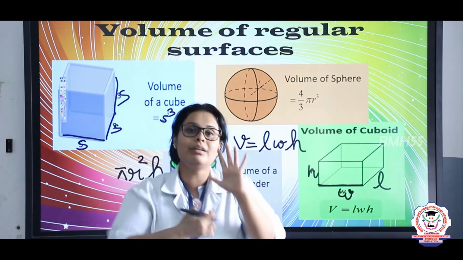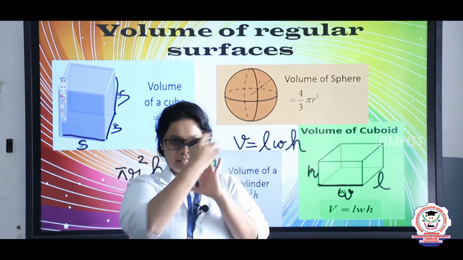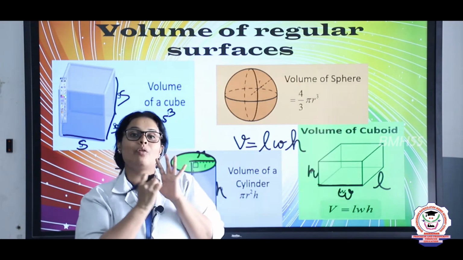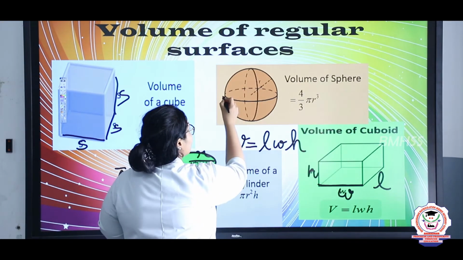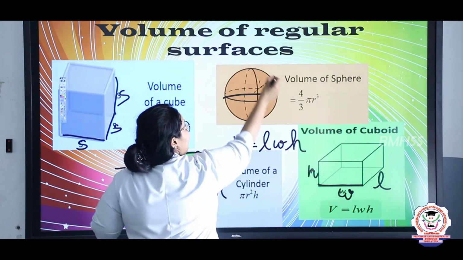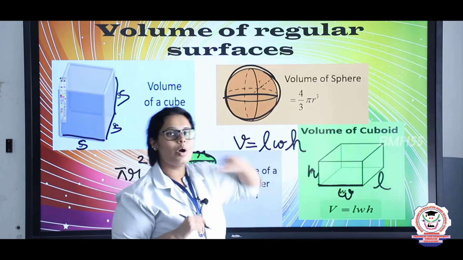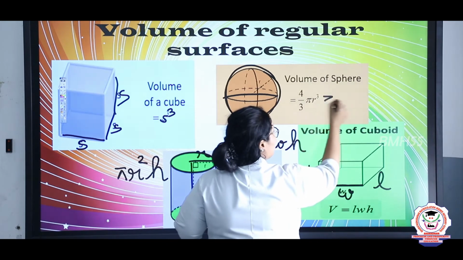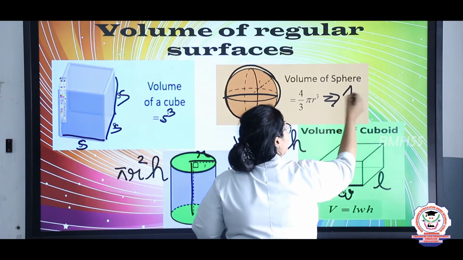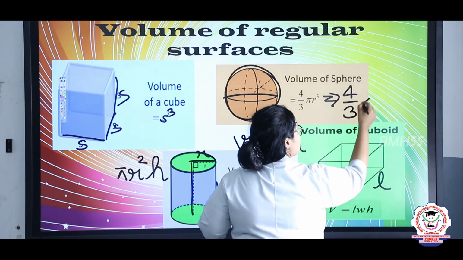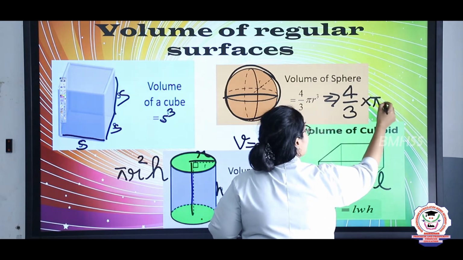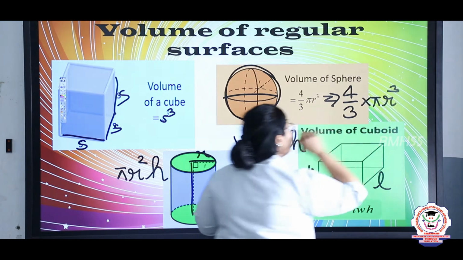Because a circle will have a circumference, that is the side, with the ratio of the diameter. So diameter here is from this point to this point, and this outer part is known as the circumference. And what is the formula, children? The formula of a sphere is 4 divided by 3 multiplied by pi r cube, right?